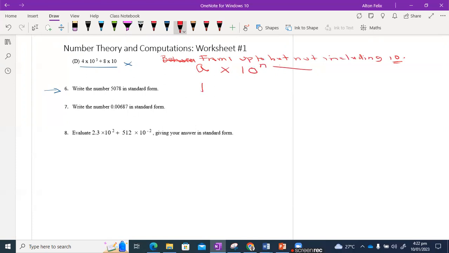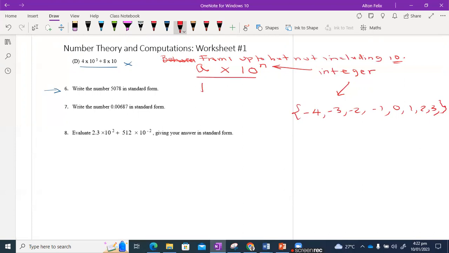And this number here could be an integer. I don't know if you remember what an integer is. The set of integers would be numbers like negative 4, negative 3, negative 2, negative 1, 0, 1, 2, and so on, right? So those are integers. So let's go back to the question at hand.